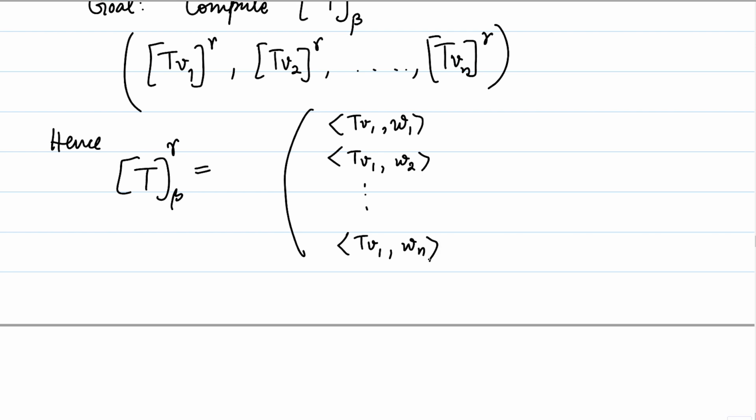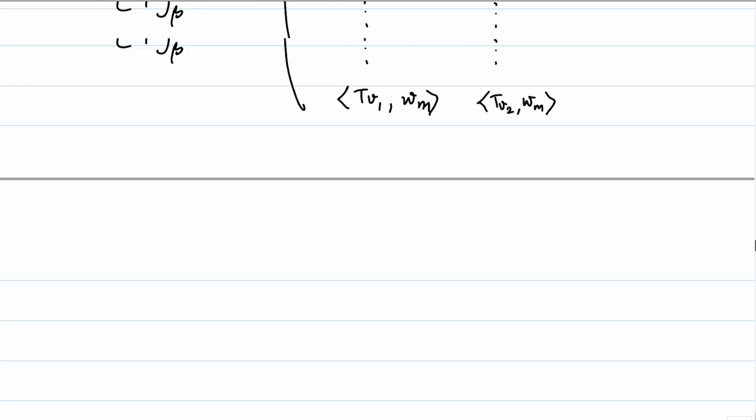This will be the column representation of Tv1 with respect to gamma. How about the second column? Tv2 with w1, Tv2 with w2, up to Tv2 with, oh, this is not wn, this is wm. After all, it's an m cross n matrix, right? Because W is of dimension m.